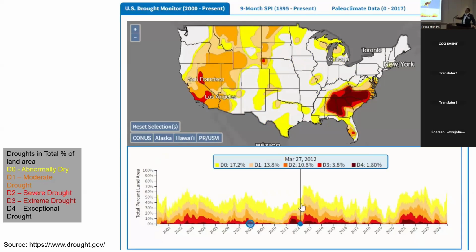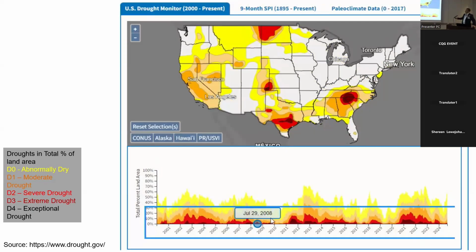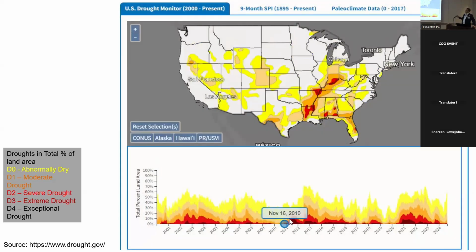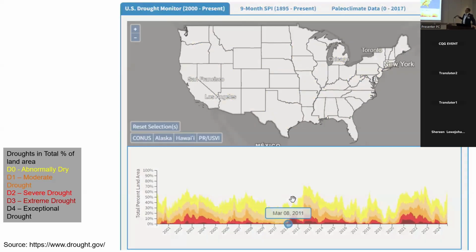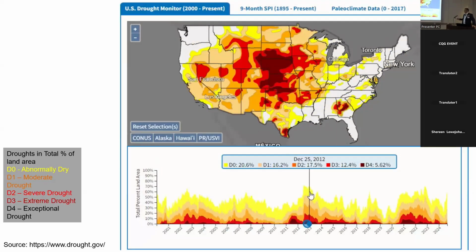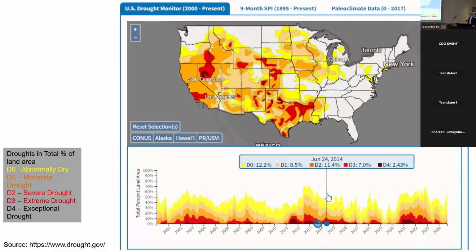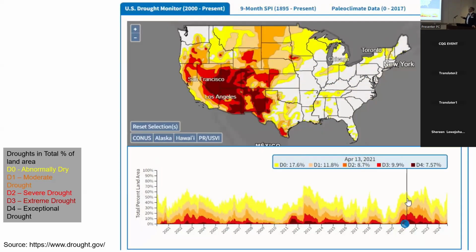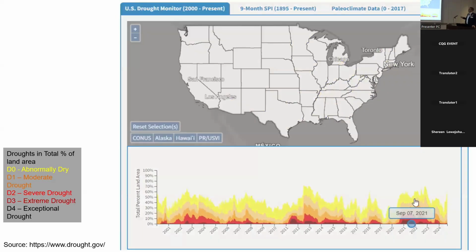And we can see that this chart here shows this information for the past 20 years and how it's affecting the different regions in the US. And what we can see, I mean, we're going pretty quickly because we don't really have a lot of time, and we'll see that a little bit better afterwards, is that we see these areas which are a lot more prone to droughts than others.